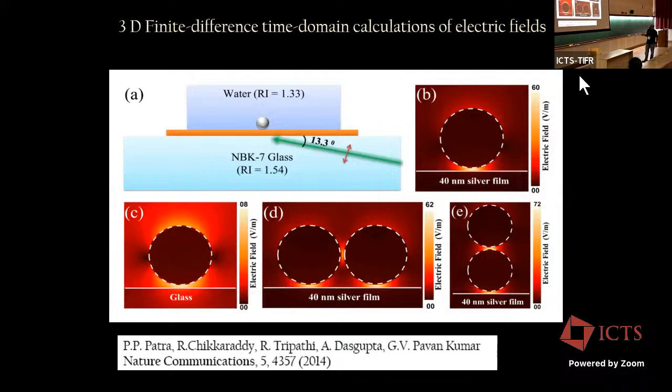The crucial question is to understand this particular electromagnetic interaction. I'm not going to spend too much time, but this is a three-dimensional finite element, finite difference time domain calculation to map the kind of electric fields one expects in various different configurations of such colloids. Now that you have such large electric fields, if there is some particular molecule interacting with this gradient of the field, it is subjected to a very large interaction, which is mainly confined to the interface.